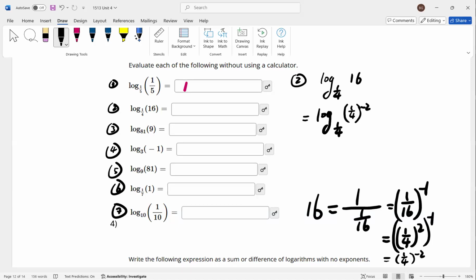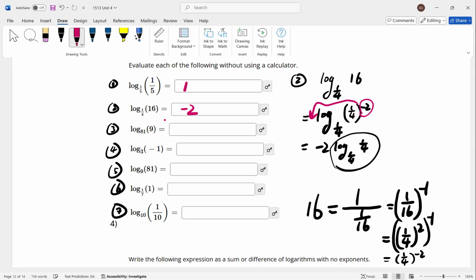And now we can move the exponent in front of the log. And we have log with base 1/4 and 1/4. Since this log has base and argument identical, the value is 1. So the answer is -2.